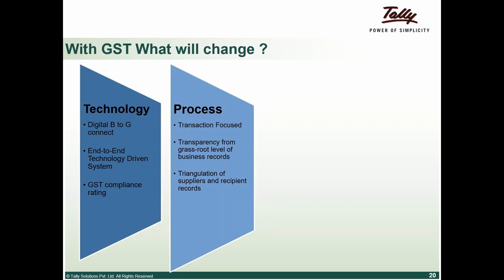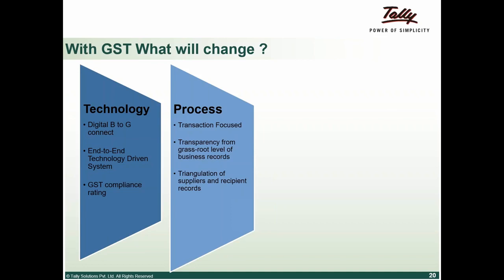The process, if you see, one is transaction focused, right? All my purchases and all my sales, what I'm recording and uploading, needs to be recorded and uploaded properly, because the other party is also going to upload that information, and that will get triangulated or cross-verified, right? So that is number one.